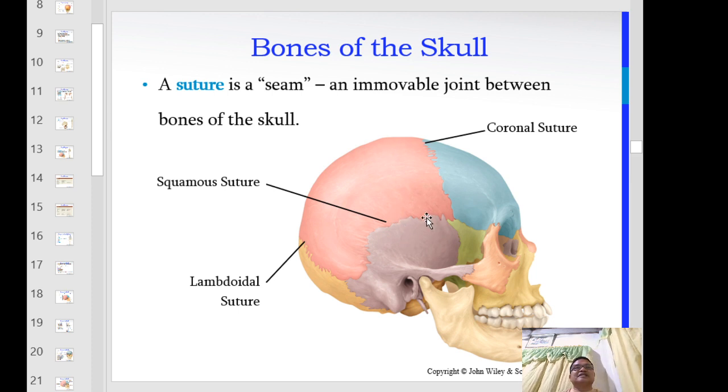This is the squamous and this is the lambdoid, which connects the temporal, parietal, and occipital cranial bones. This is the auditory meatus. From the parietal, the straight line going back is what we call the sagittal suture.